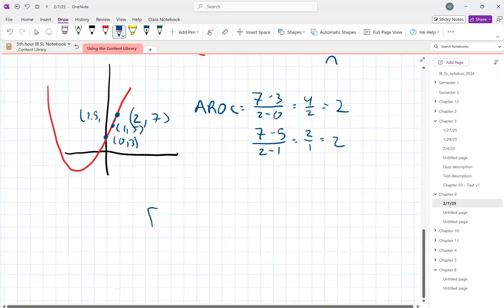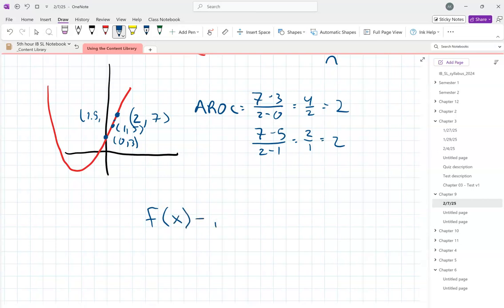Is that what we're going to do is we're going to take some x that's getting closer and closer and closer to the value.